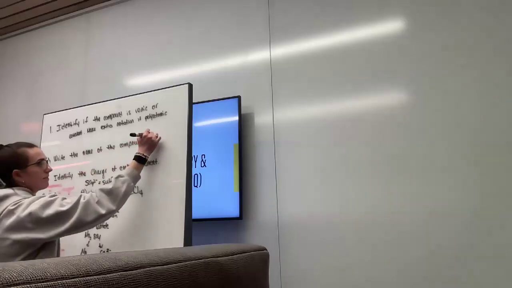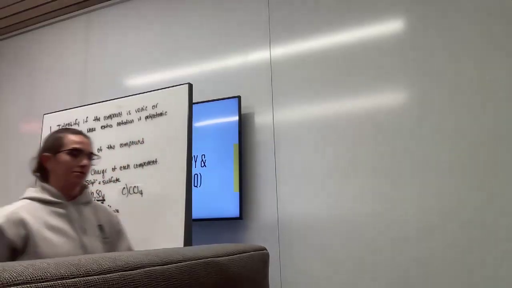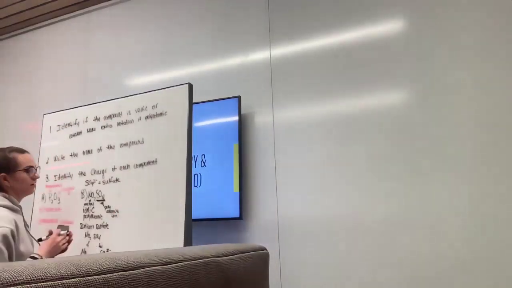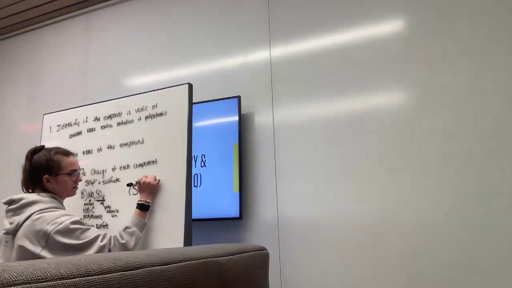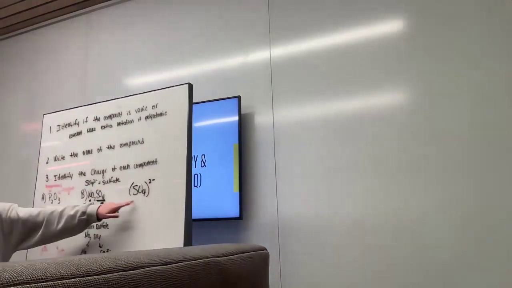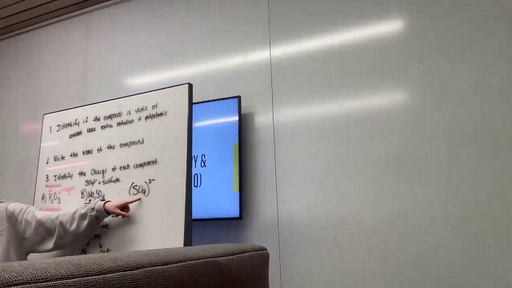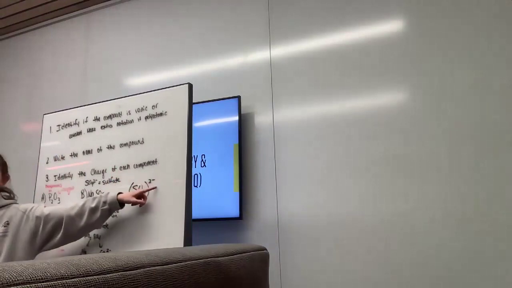So whenever we're looking at SO4, as a polyatomic ion, you think of this as SO4 2-. So this whole thing has a 2- charge, not just the oxygen of 4, but this whole unit is 2-.